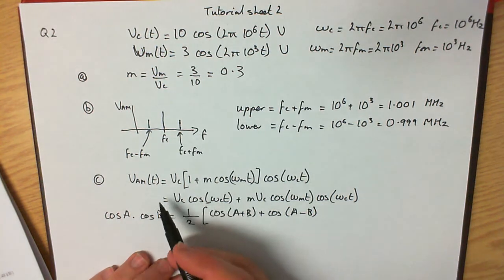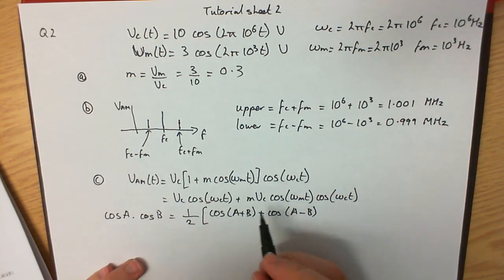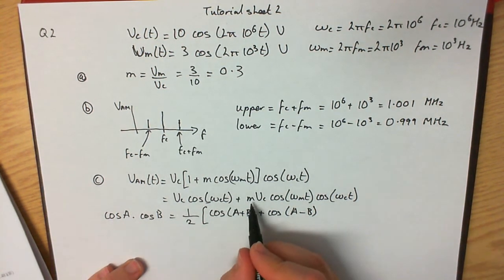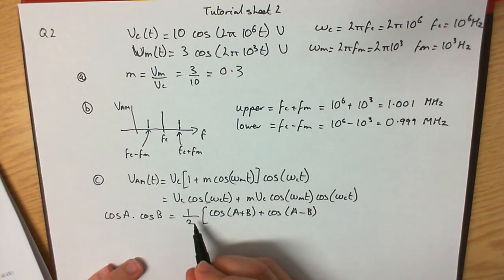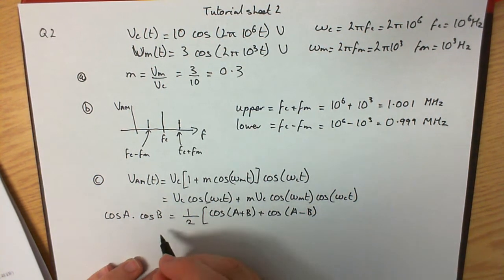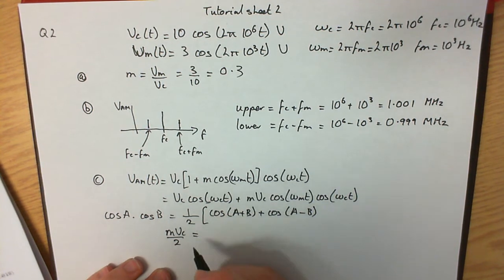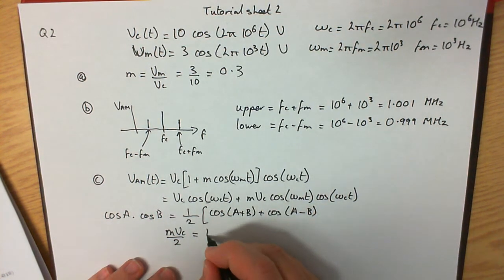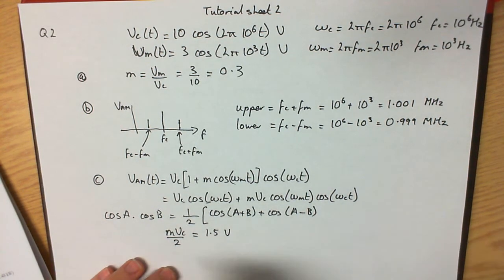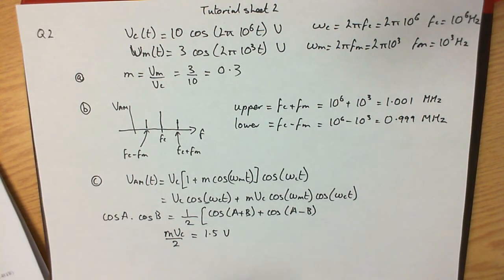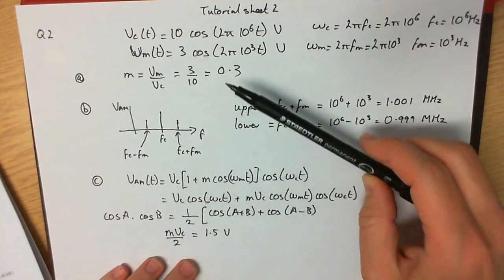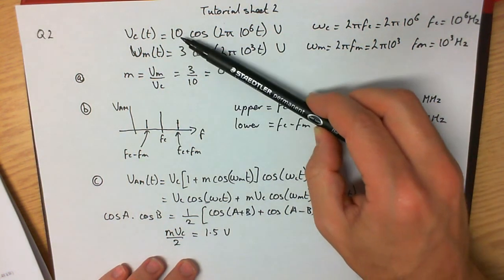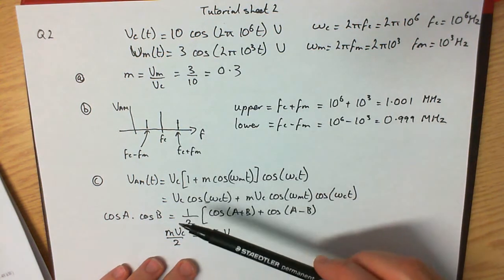Essentially what we've got here, if we rewrite V AM, is that the sideband amplitude is going to be m Vc over 2. And if we work out what that is, we get 1.5 volts, by using the value of m that we worked out previously, which is 0.3 times 10 divided by 2.